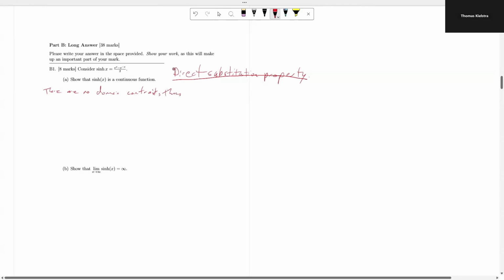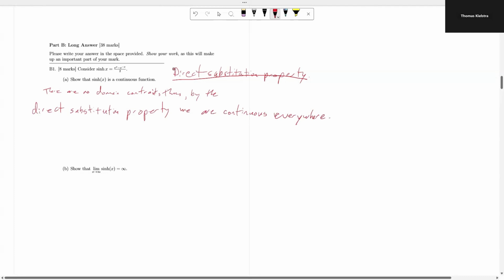Thus, by the direct substitution property, we are continuous everywhere.